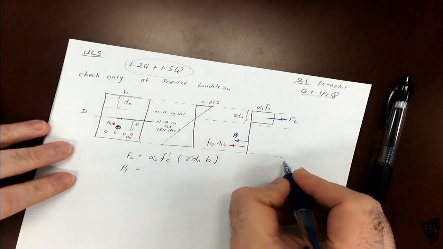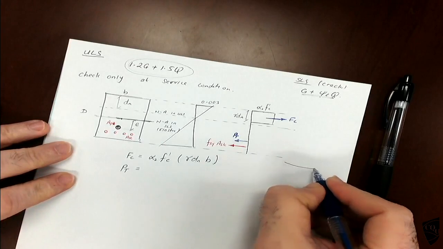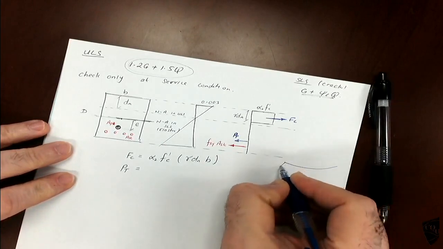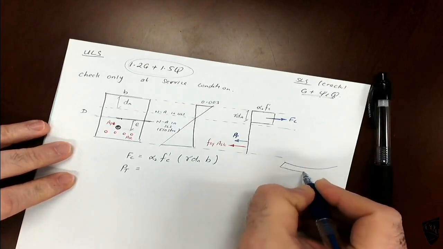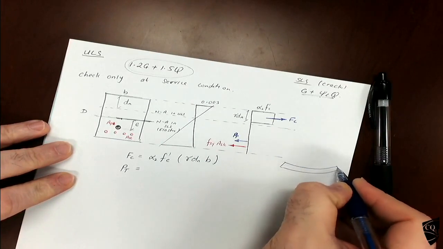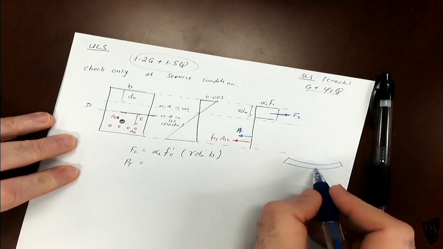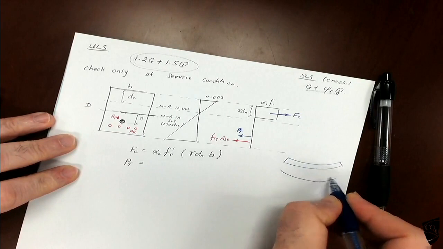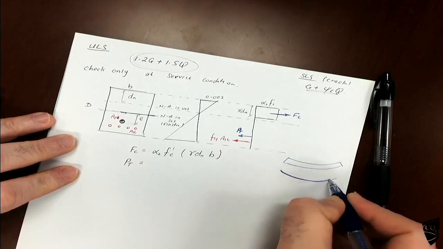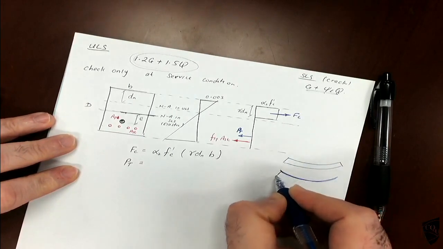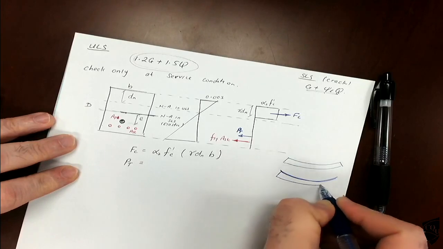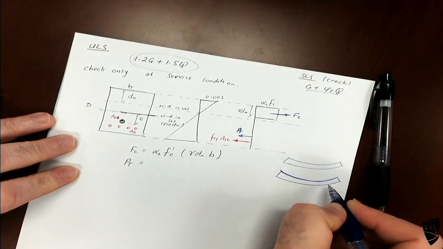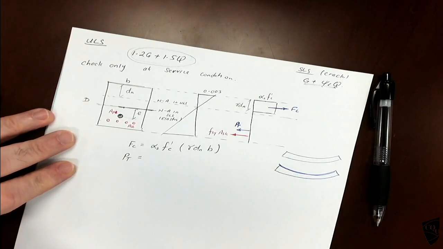So when you have something like this, this is under service, and if you increase further, the curvature will increase.